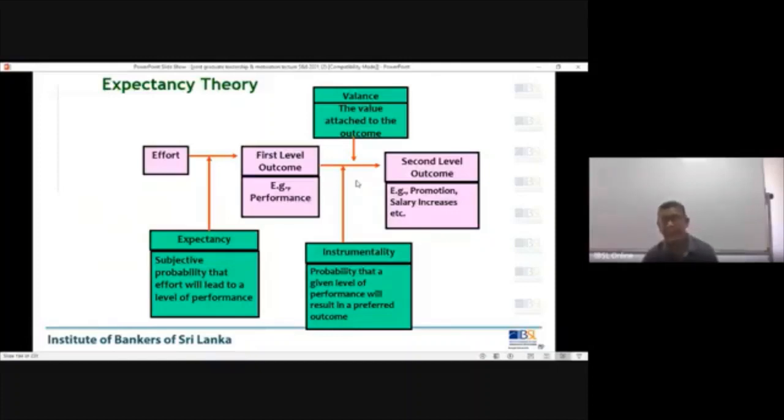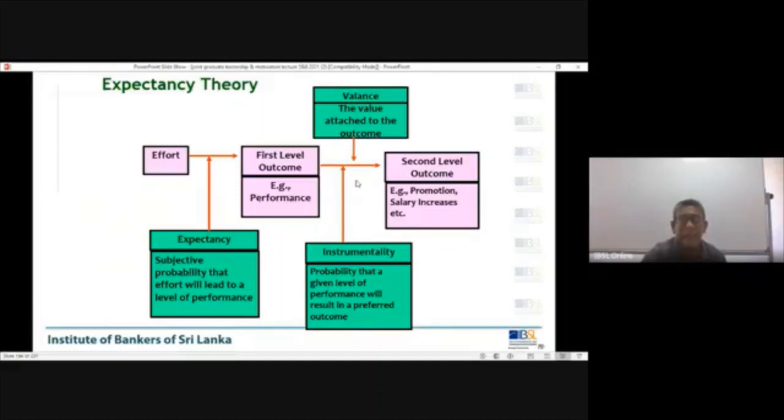The second level of outcome is promotion, a salary increase, or whatever. So the performance, whether the value attached to the outcome is reasonable, that is valence. This is expectancy theory.